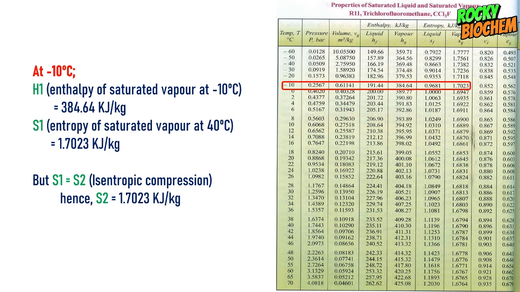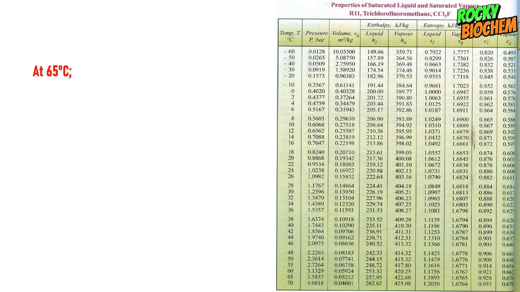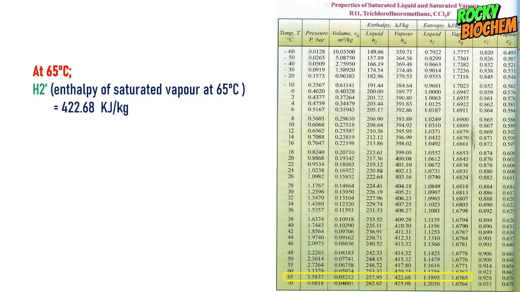Now, let's move on to the temperature at the condenser region. We were given the condensing temperature to be equal to 65 degrees Celsius, and at that point the refrigerant was existing as a saturated vapor. So we will look at the value of H2 prime from the saturated vapor region. Please don't mistakenly take H2 prime for H2. H2 was the superheated vapor, whereas H2 prime was the saturated vapor that was entering the condenser.